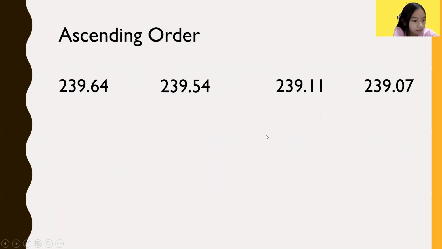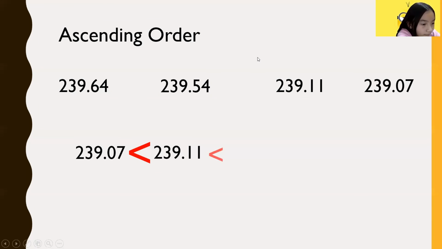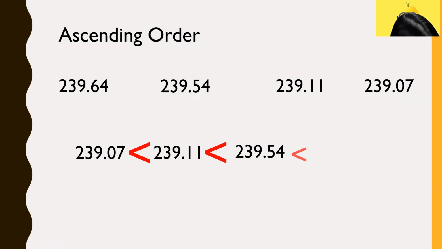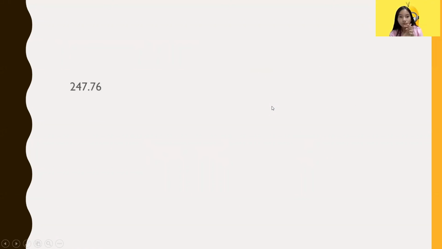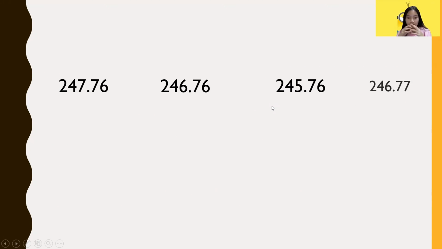Which one comes first? Ascending order, going up. 0.07. Okay, 0.07, 0.11, 0.54 and 0.64. Okay. Next.